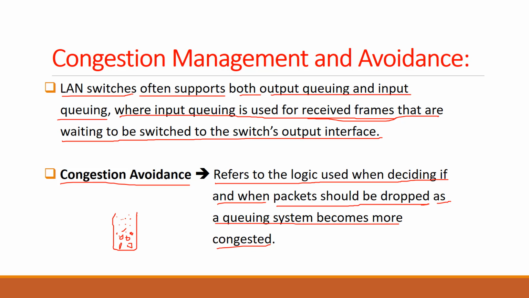So we have to drop some packets. What determines which packet should be dropped is the congestion avoidance logic. And we will demonstrate later what the tools are and how to drop some packets based on this logic, and which packet exactly should be dropped in case of congestion.